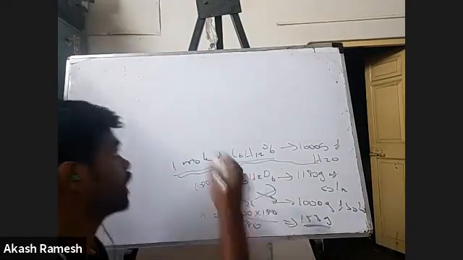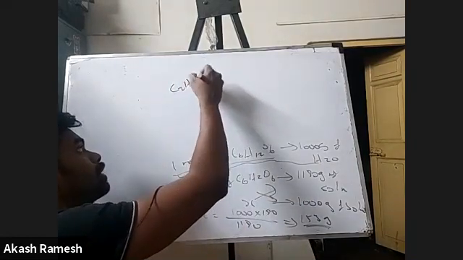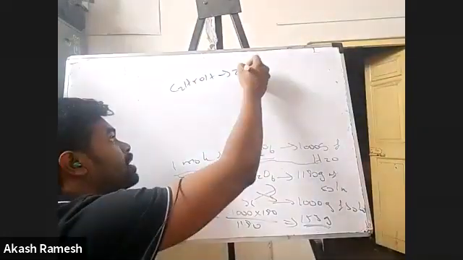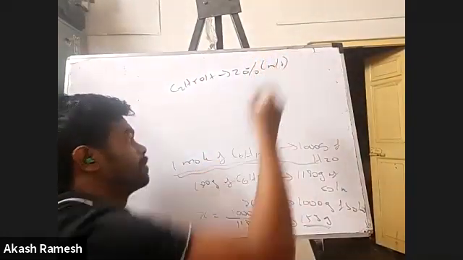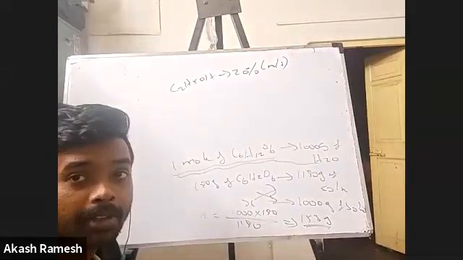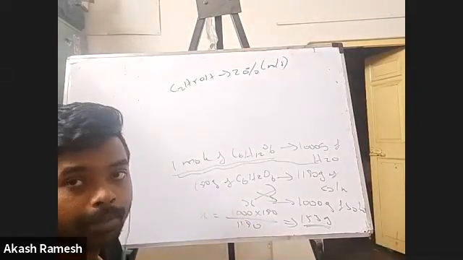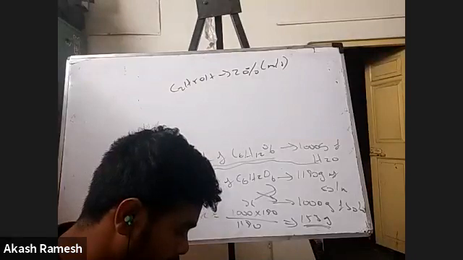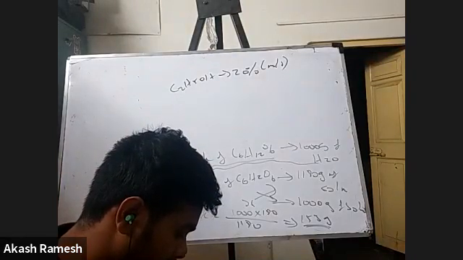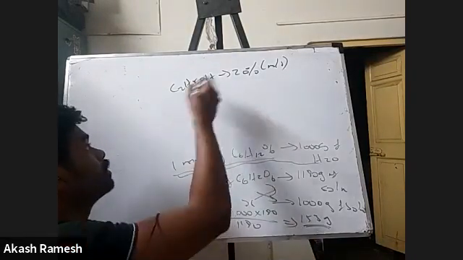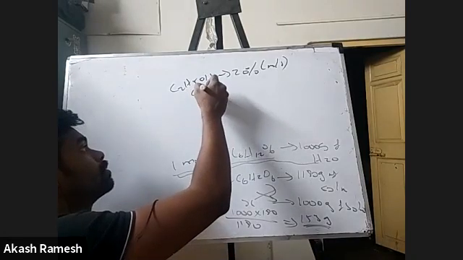So there is an ethanol solution, C2H5OH solution, which is 20% M by V. Okay, it's 20% M by V, mass per volume. And they are telling that the density of this solution, this is a solution, right?